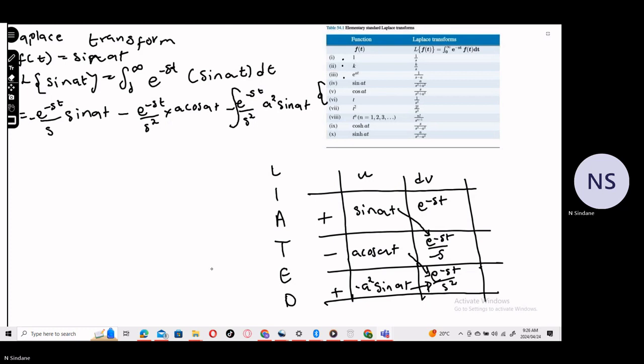So since this cannot give us a 0, we must introduce an integral sign, right? And then this, the integral of what?